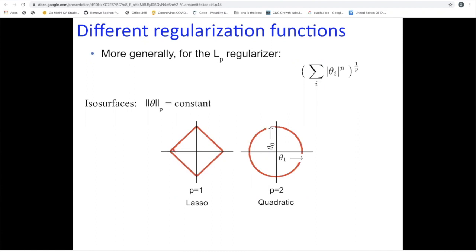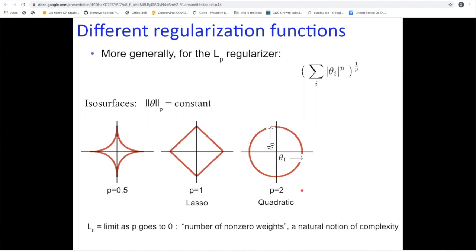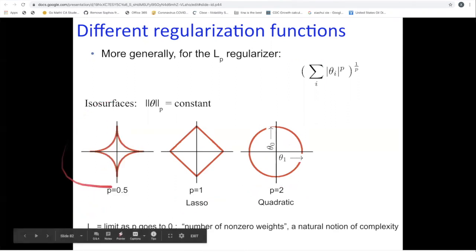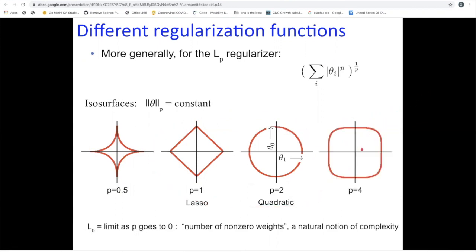As a result, you have this diamond shape as the isosurface of the L1 norm versus the circle for the L2 norm. These are the two most common choices of regularization functions. Of course, you can choose some others. If you choose p equal to 1/2 or something like that, this is not a norm anymore. However, most of the time, we're going to focus on these two here. And this is what it looks like when p equal to 4.